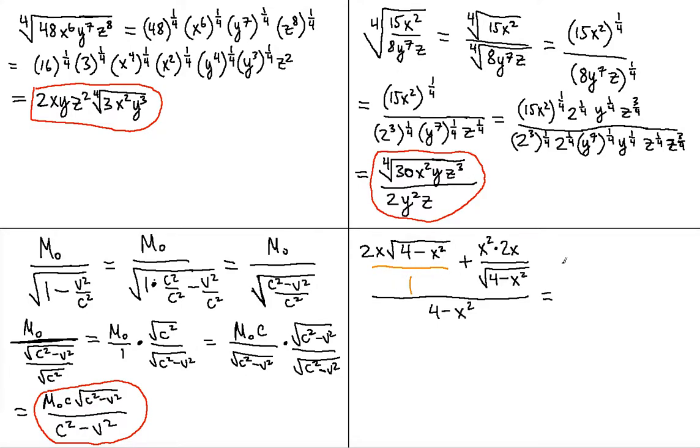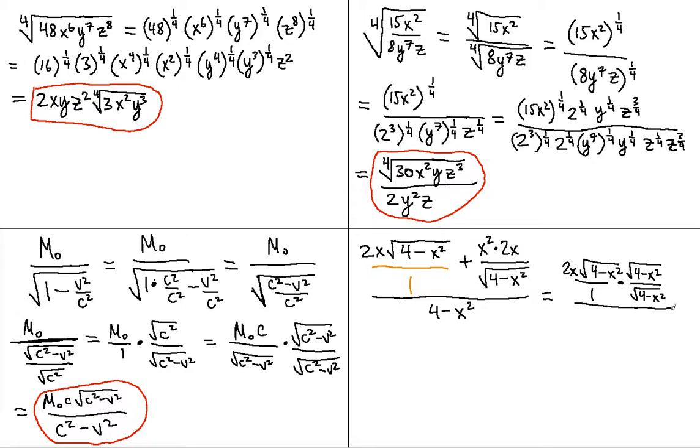So what I'm getting at is you're going to have to do 2x square root 4 minus x squared over 1 times square root of 4 minus x squared, okay, divided by itself.